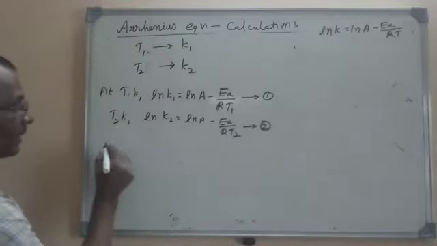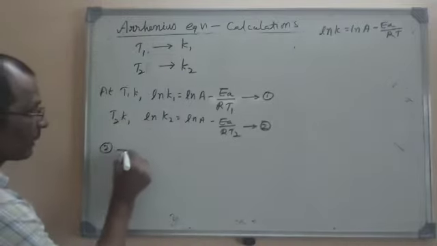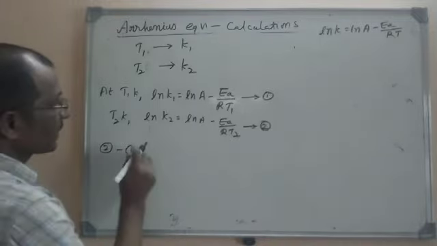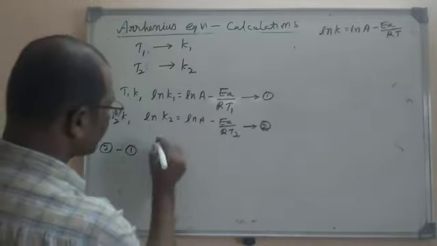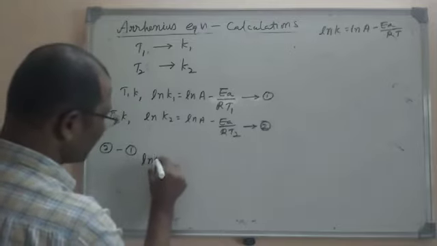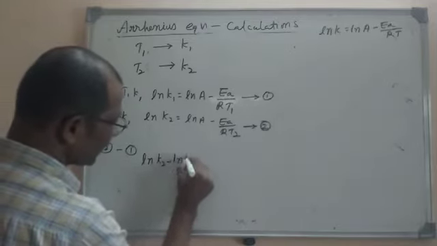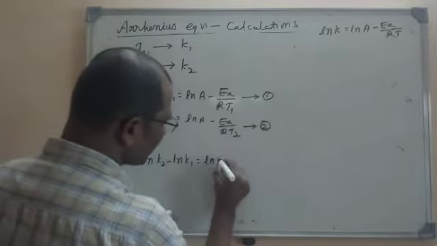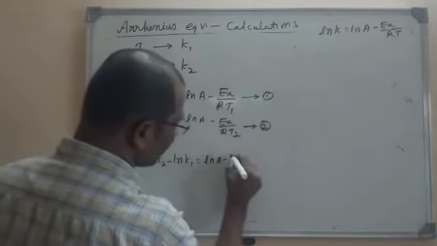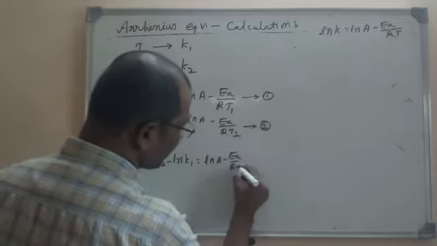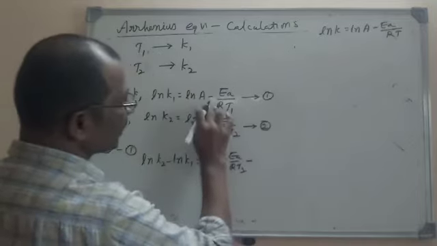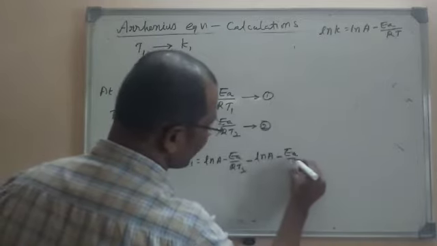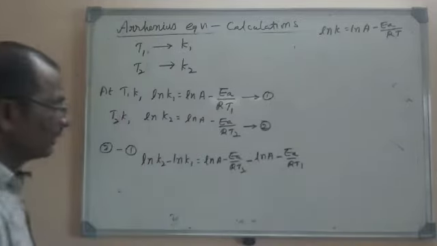Now let us subtract equation 1 from 2, so 2 minus 1. What is on the left hand side? ln k2 minus ln k1 is equal to ln A minus EA by R T2, and I am subtracting 1 here, so minus ln A minus EA by R T1.